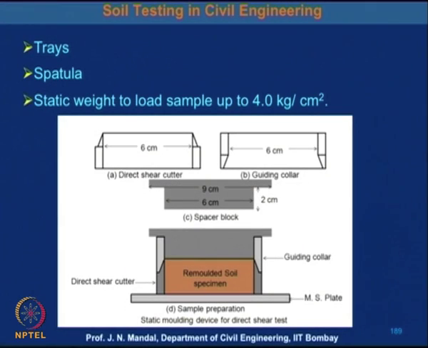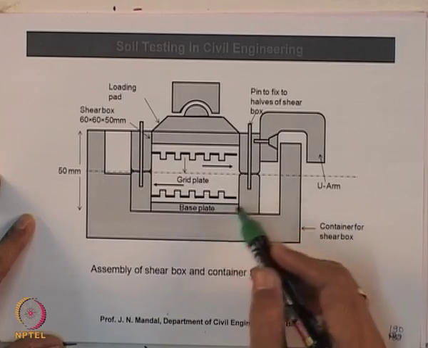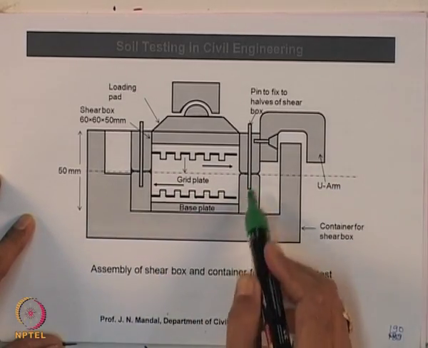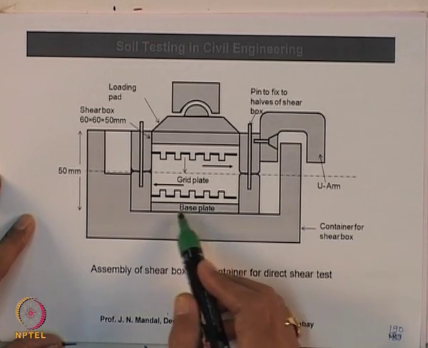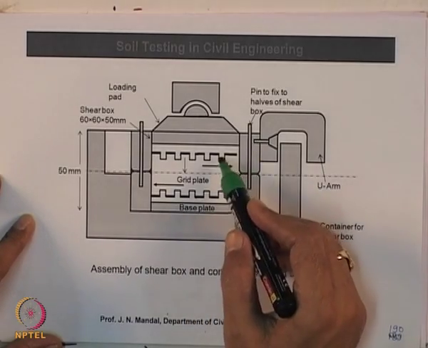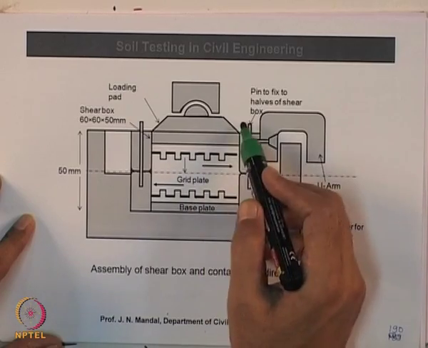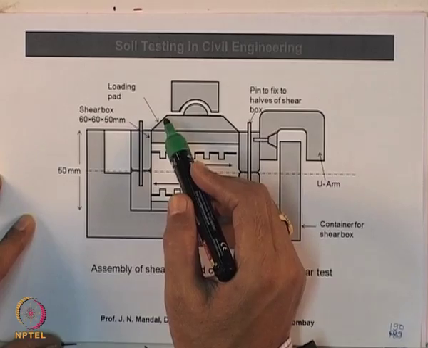Now, I can show you the assembly of the shear box and the container for the direct shear test. This is the lower part, this is the base plate, and these are the upper part and the loading pad.